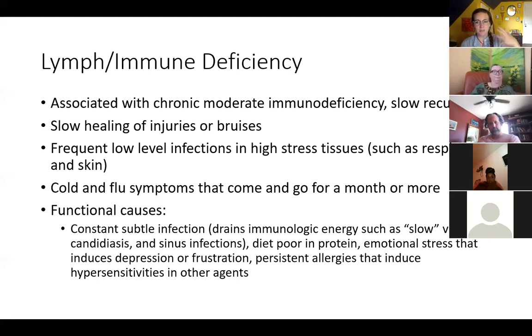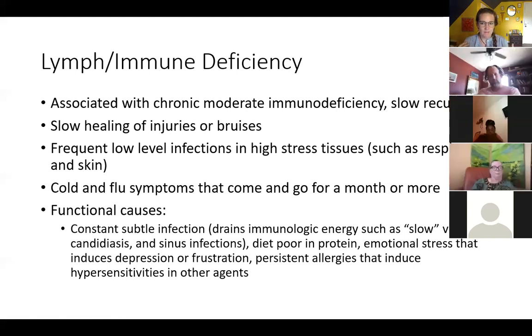Think about the symptoms I'm describing with the immune deficiency. It's the thing that never goes away. And if you're always on the edge, that relates to the metaphysical aspect of how we are one thing. That low-key emotional stress induces either depression or frustration, either way, it's that thing that never goes away, right?